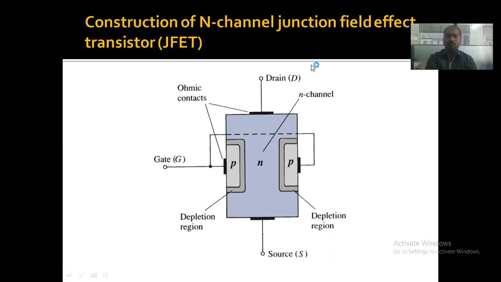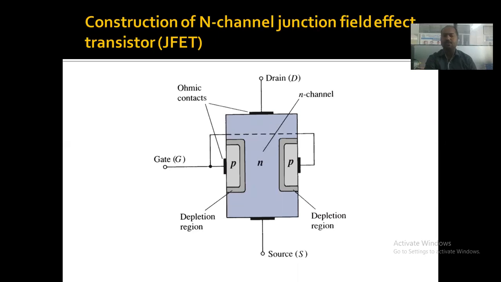For the operation of this, there are two operating conditions. One is VGS equal to 0 and the other is VGS equal to negative, right? So we have seen the first condition, VGS equal to 0. It indicates that the gate to source voltage should be taken as 0 voltage applied.